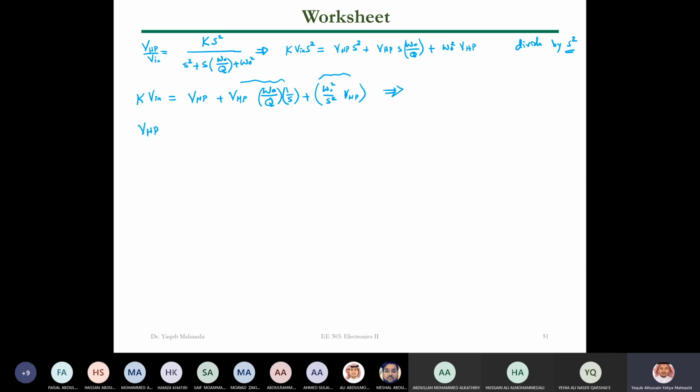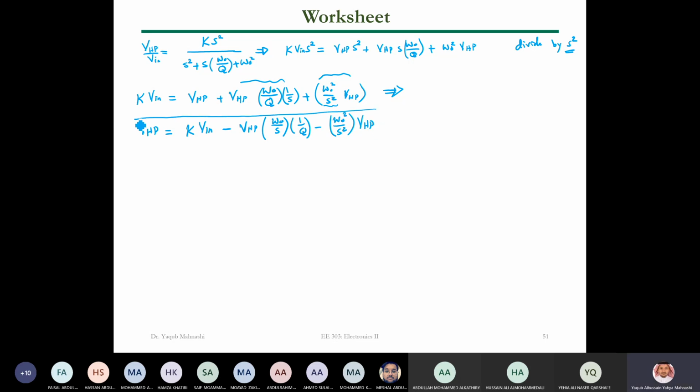So V high pass will be nothing but K V input minus V high pass multiplied by omega naught over S times 1 over Q, minus omega naught squared over S squared multiplied by V high pass again. I wrote it as omega naught over S, and we'll see why we are doing this. It is the same thing.